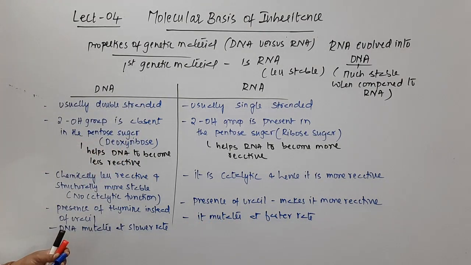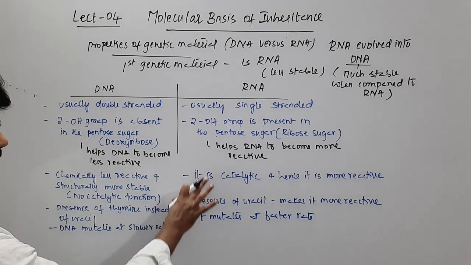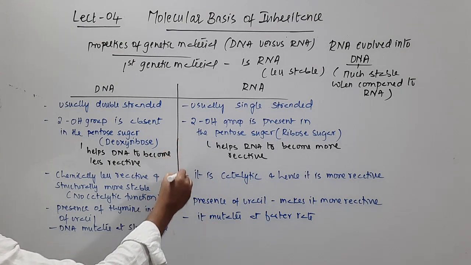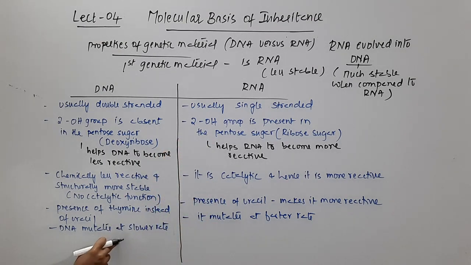So mutations are seen very frequently in case of RNA. Whereas in case of DNA, as it has two strands, the process of mutation will be much slower when compared with the RNA, which has only one strand.